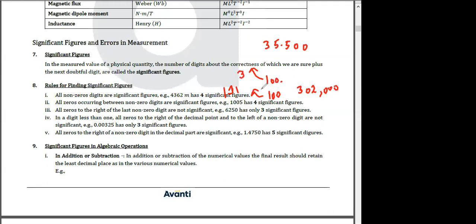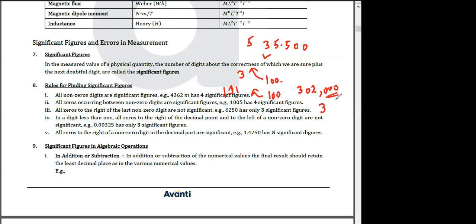We cannot ignore the zeros over here, because with a decimal it is actually the opposite. We don't ignore the zeros after the decimal. Now tell me, how many significant digits in this one, 35.500? 5. Very good, Neha. Very good, Ankit. 5, correct. But here, 3. Very good, Neha. Because these zeros can be ignored. Write it down.